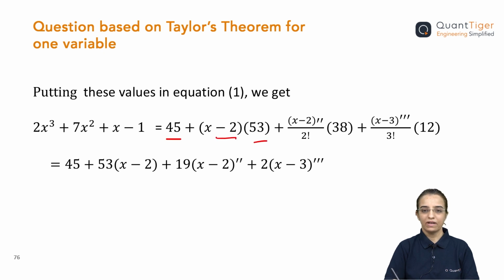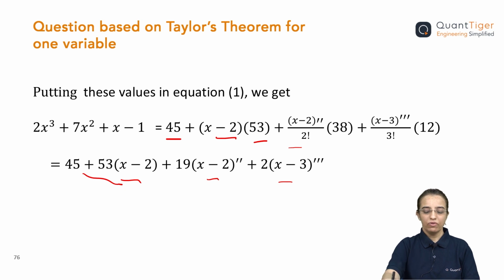On this, x minus 2 की power and factorial, those things we will be keeping as it is because that's what they have asked in the question. We have to express the given polynomial in the power of x minus 2. तो वो सारी x minus 2 की terms जो भी है वो वैसे की वैसे ही रह जाएंगी. And this factorial we just simplified over here. So final answer, this is what we got here.